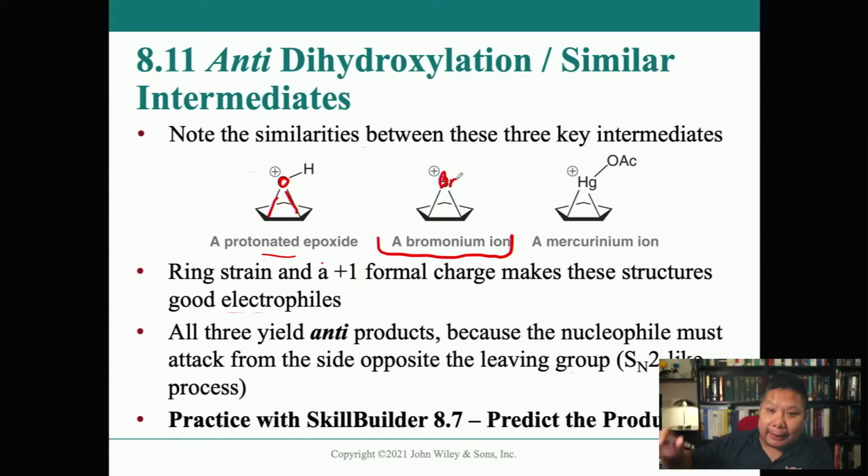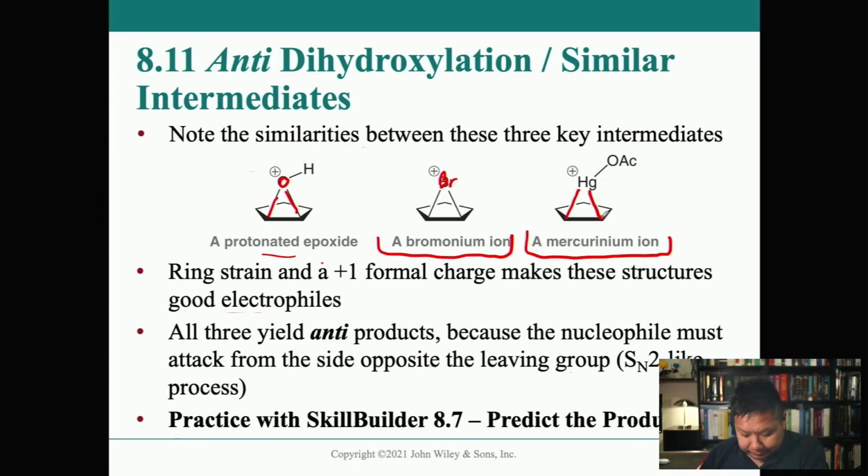And then if you reach back to yesterday's lecture, we had the mercuronium ion. And that was a part of the oxymercuration reaction that we were talking about yesterday, where we can prevent the carbocation from rearranging because of the mercuric acetate ion acting as a bridging atom between the two carbons before the addition reaction.